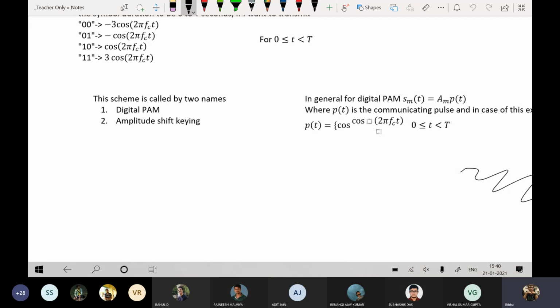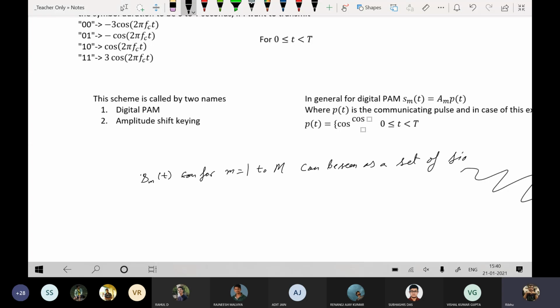So yeah, anyway, p(t) equals this. And in general, s_m(t) for m equal to 1 to capital M can be seen as a set of signals over the basis p(t). Yes, s_m(t) can be seen like a basis.